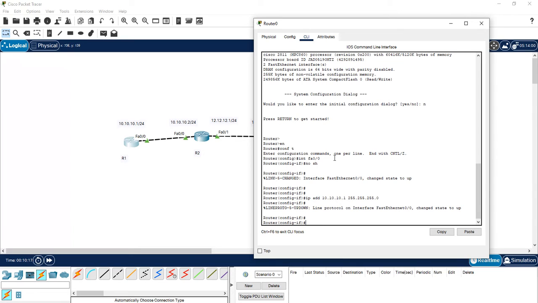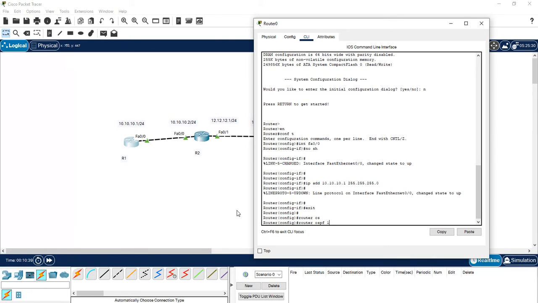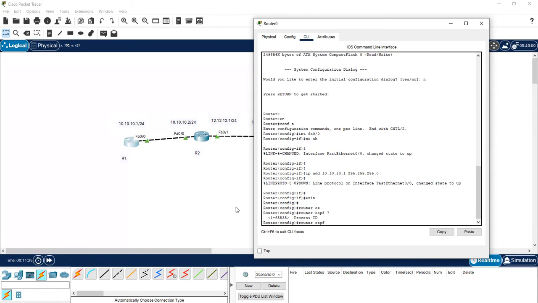One step is, we wait a minute. We exit first, then type router ospf 1. We put the question mark to see the options.